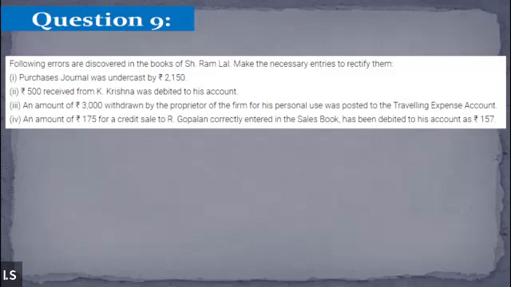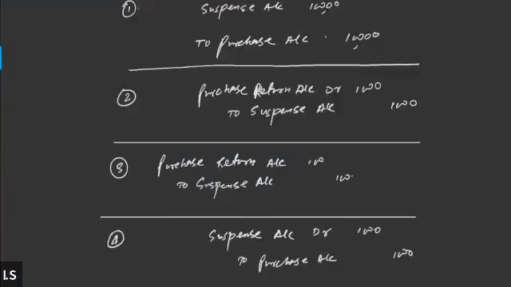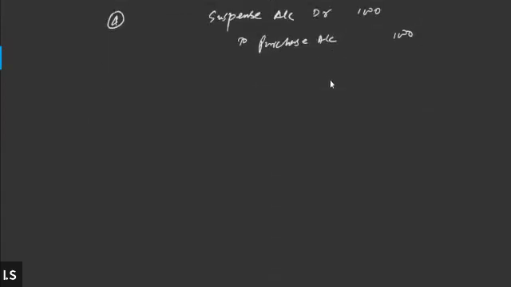Let me explain this once more. The question was: 500 received from Krishna was debited to his account.